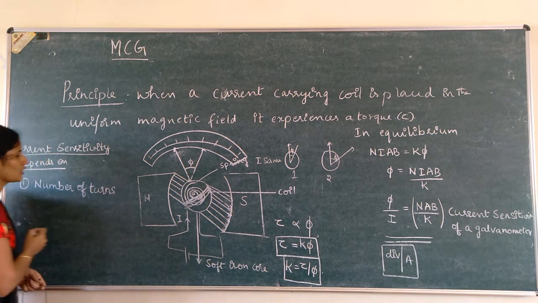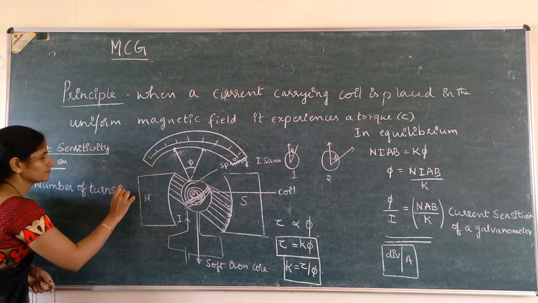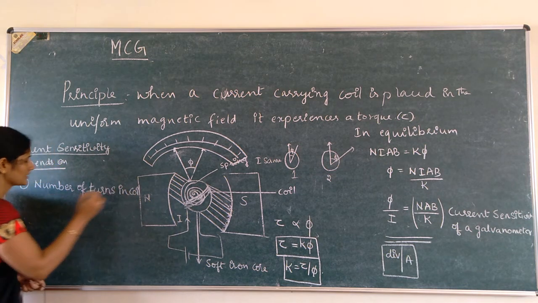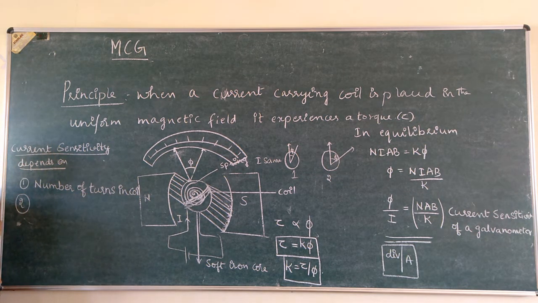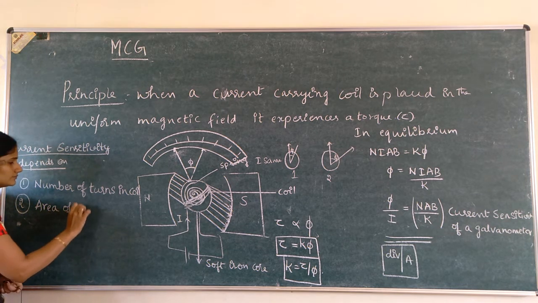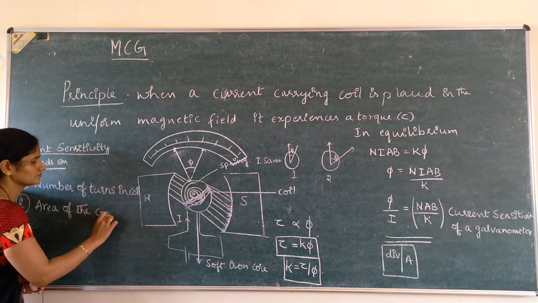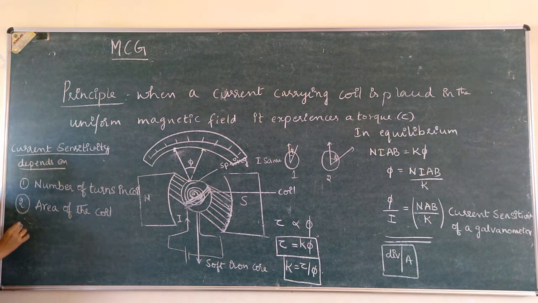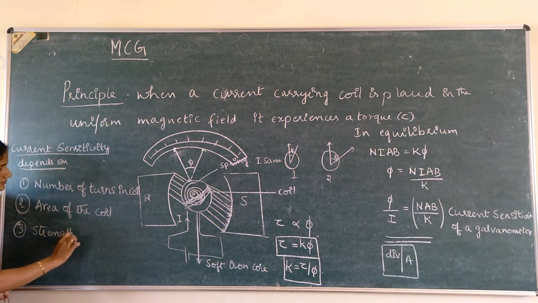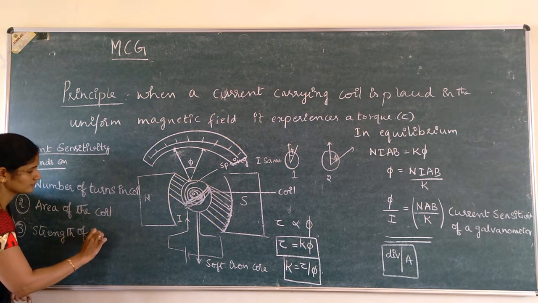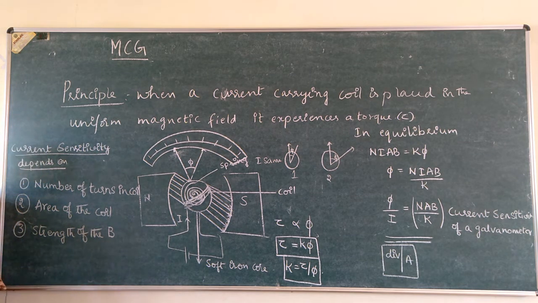Second factor is the area of the coil. It depends on the strength of the magnetic field, and it depends on the torsional constant K.